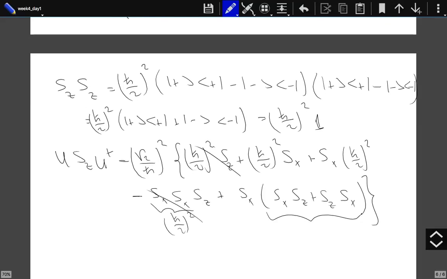So what is this? The anticommutator of Sx and Sz for spin 1/2. Do you remember?